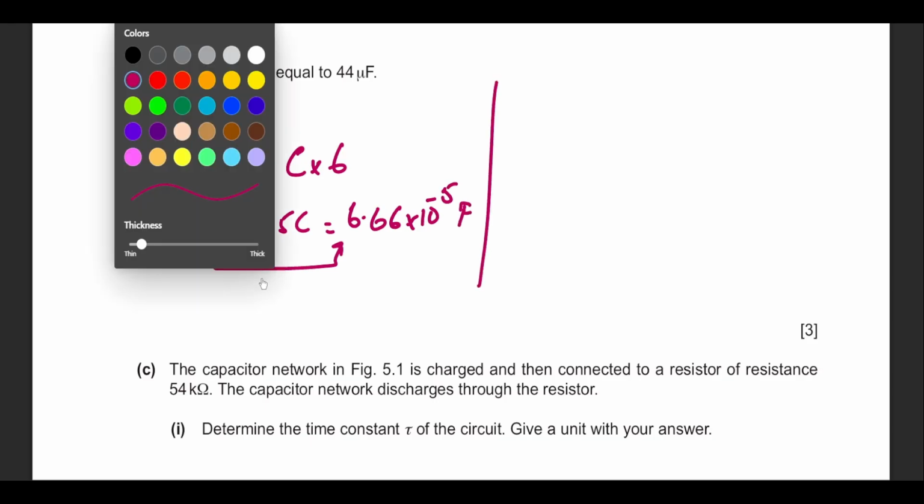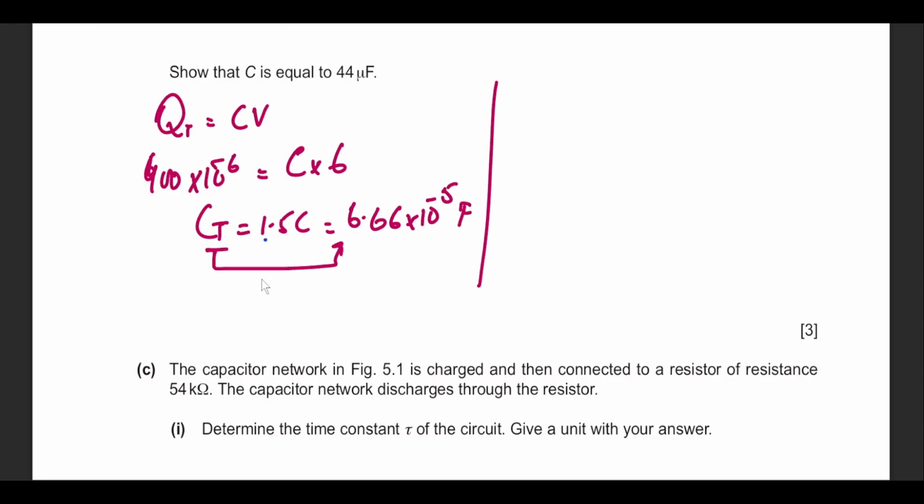And of course, since this is equal to 1.5C, we're just simply going to divide this by 1.5, and we're going to get C. So 1.5C is equal to 6.66 into 10 raised to the power minus 5. Since I'm not at the final answer, I will prefer to take more than 2 or 3 decimal places or full values. So C is equal to 6.66 divided by 1.5.